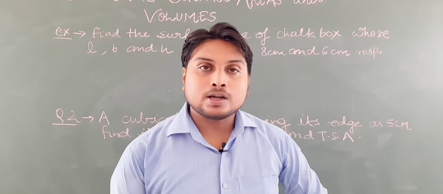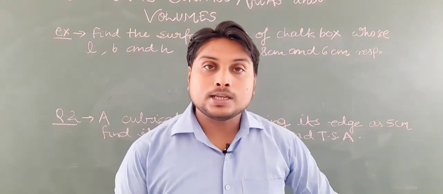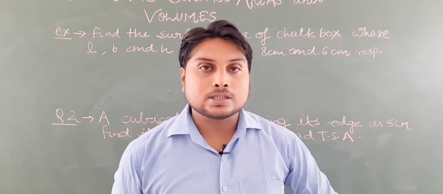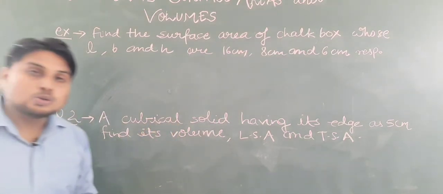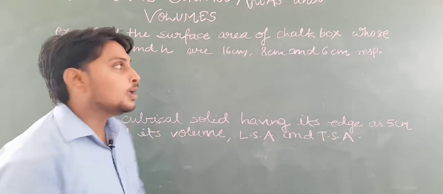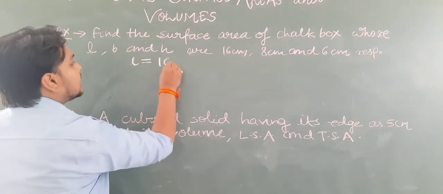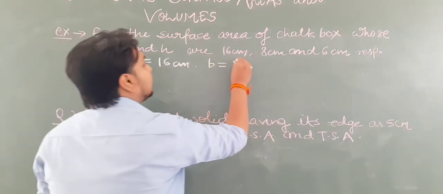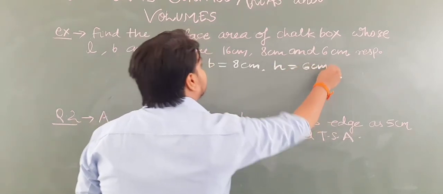So here a chalk box is there whose surface area we have to find, meaning total surface area, and it is given that its length is 16 centimeter, breadth is 8 centimeter and height is 6 centimeter.